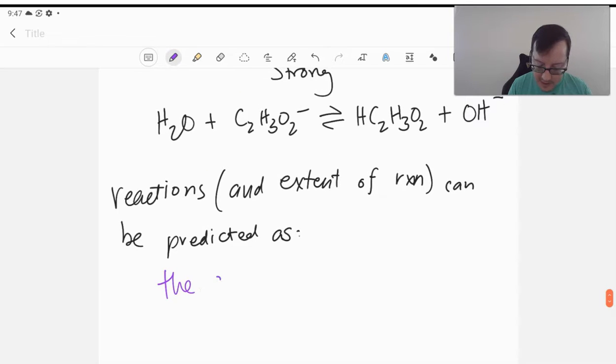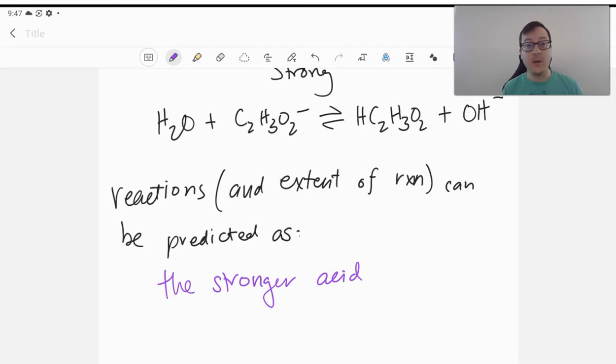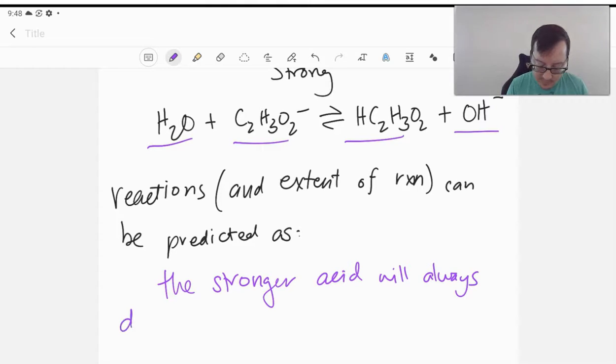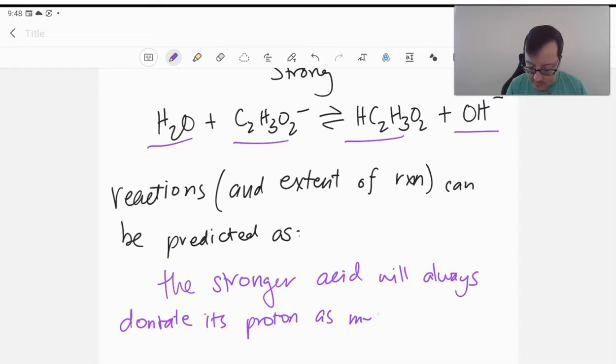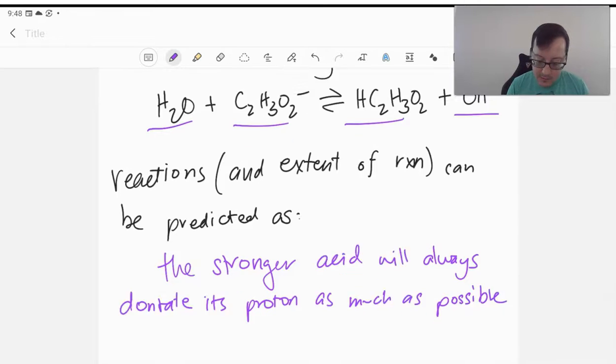The stronger acid, meaning whatever in your system, if we're looking at water, acetate, acetic acid, and hydroxide, the stronger acid will always donate its proton as much as possible to the base.